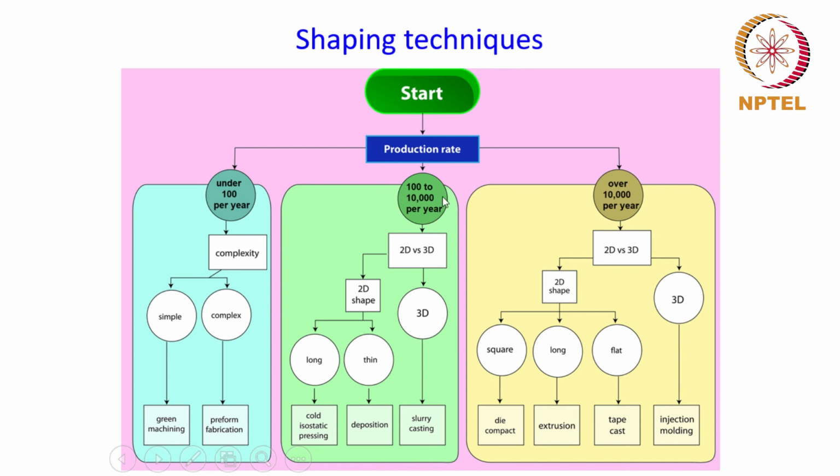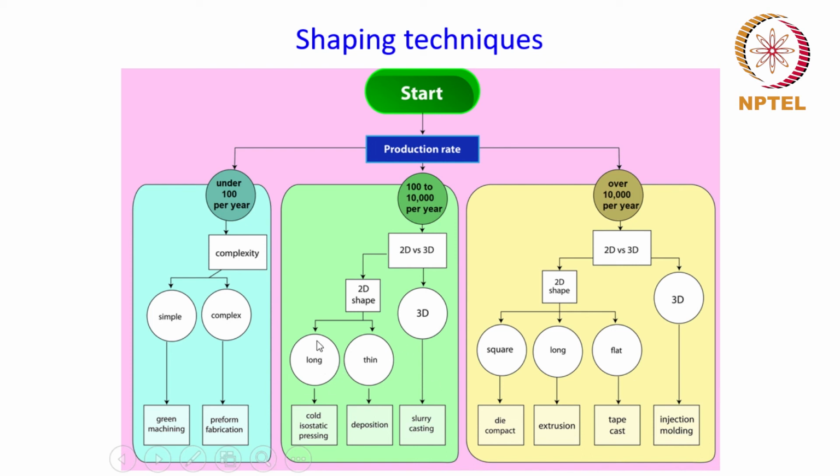And then for the high production rate, which is up to 10,000 or more than 10,000 per year, the choice of a particular shaping process will depend on what kind of shape is needed in the final product, whether it is a 2D or a 3D shape, and also on what kind of geometry we are talking about. For example, whether it is a long geometry or a thin product. Depending on such parameters or the geometry of the product, a particular shaping process can be chosen.